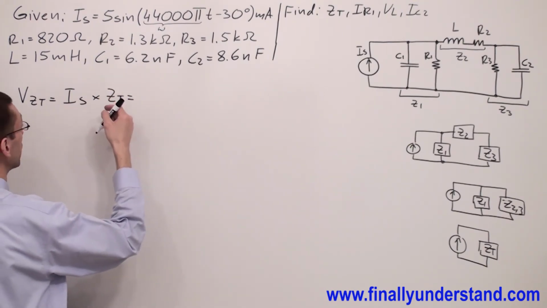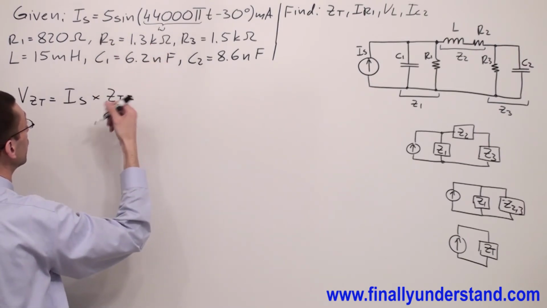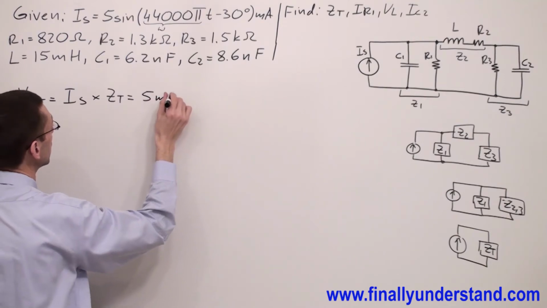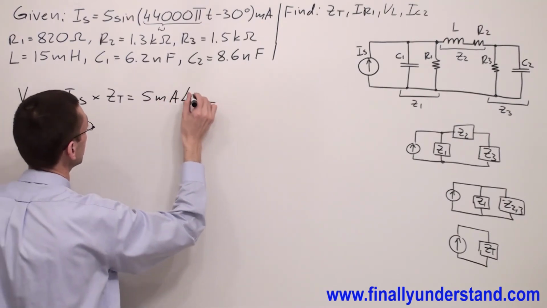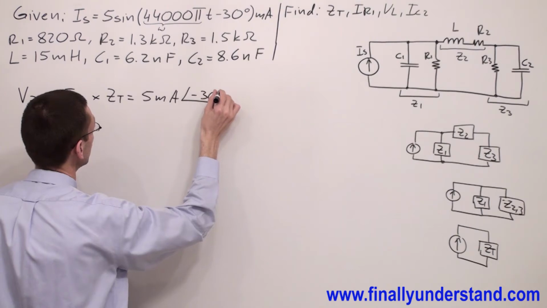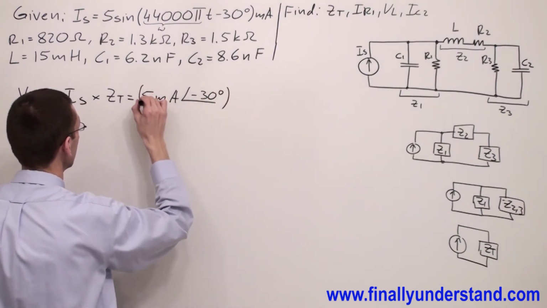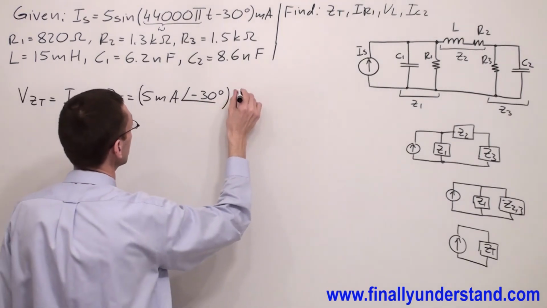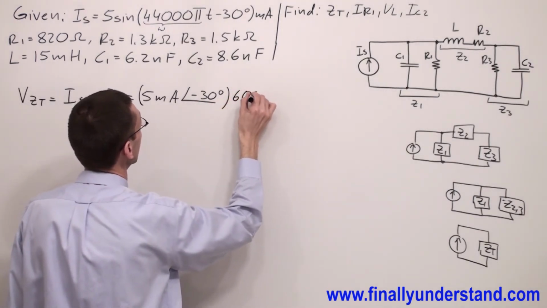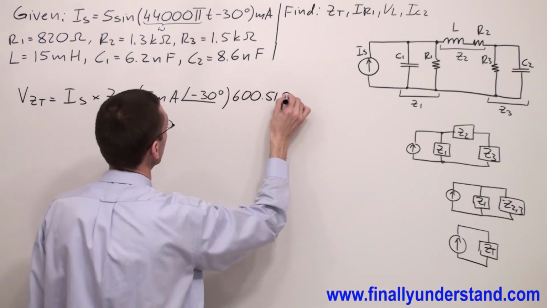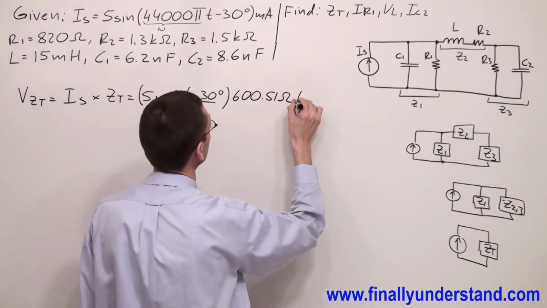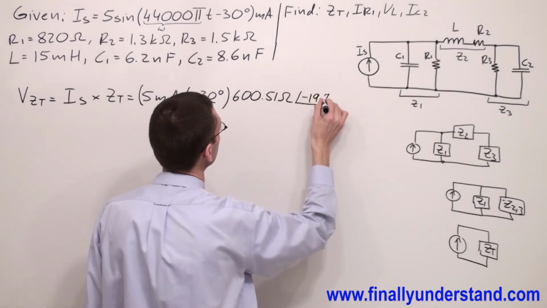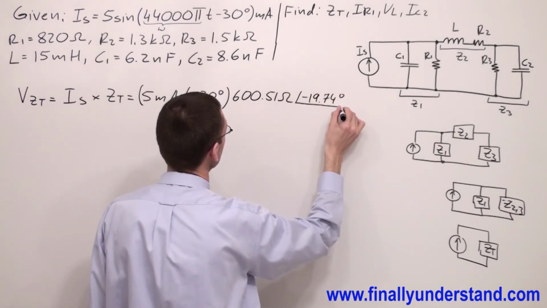I'm going to express this current in phasor form is 5 milliamps and angle of negative 30 degrees times Z total, which is equal 600.51 ohms and angle of negative 19.74 degrees.